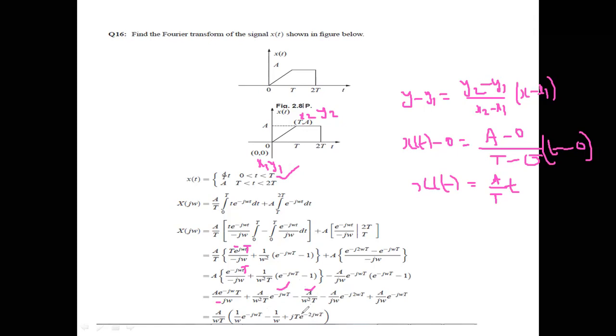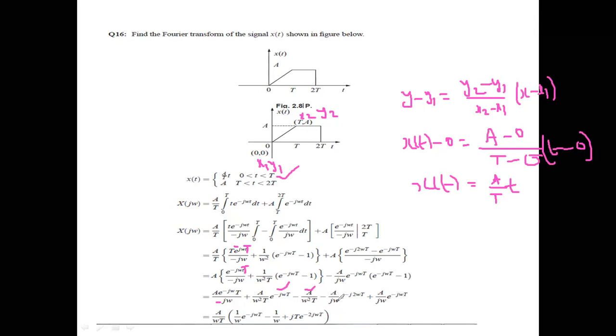And next here, A t e power minus j omega t, e power minus j omega minus 2j omega t. Why 2j omega t? A is there, and now the omega t. Okay, this is a third term.